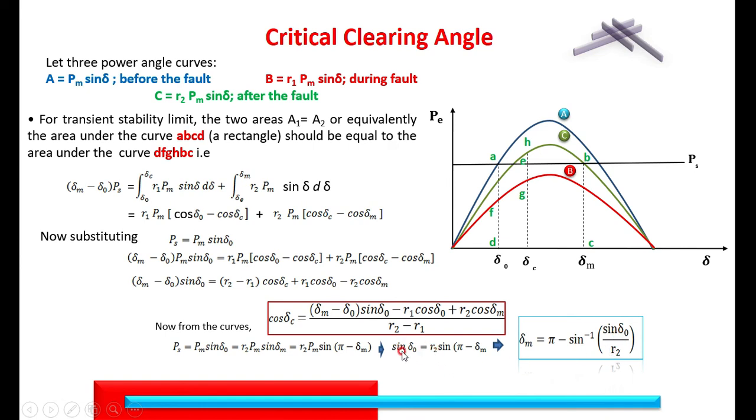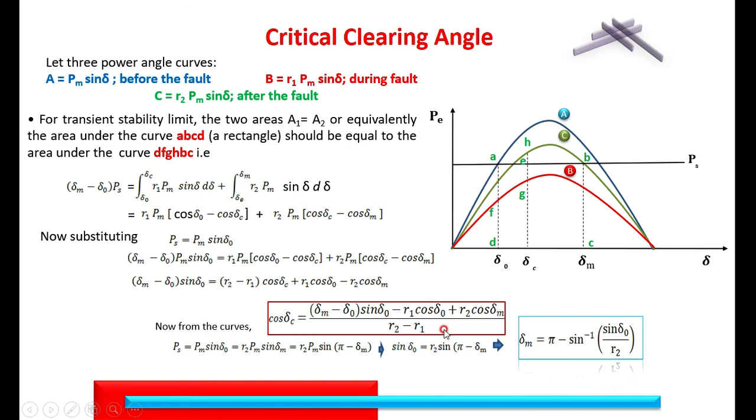Just make the simplification of this so that you get the value of delta M. And delta naught you get from Pm sin delta naught at operating point A. So we know the value of delta naught, and we have calculated the value of delta M here.